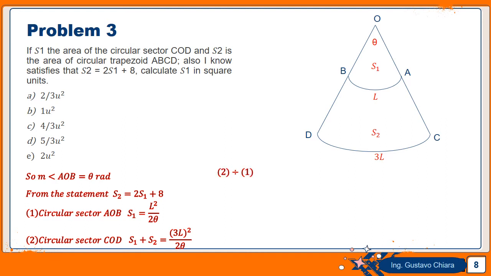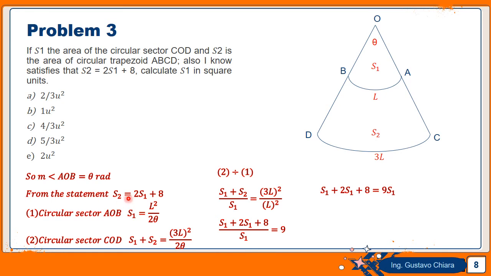Well, dividing 2 by 1, the expression finally is that S1 plus S2 divided by S1 is equal to 3L squared divided by L squared. So reducing the expression and always using this statement, we get that S1 plus 2S1 plus 8 divided by S1 is equal to 9.